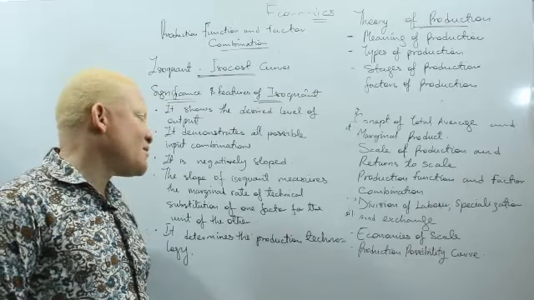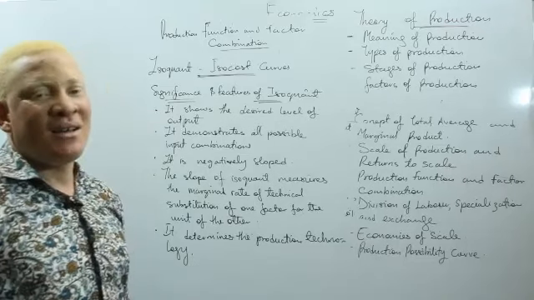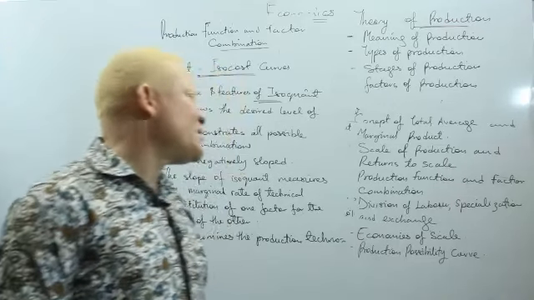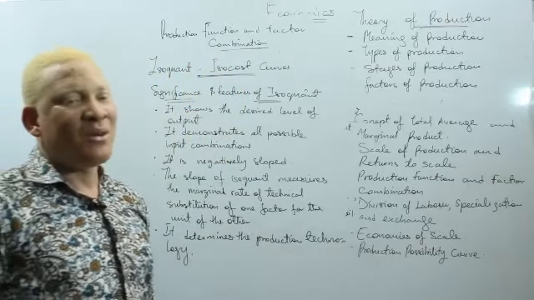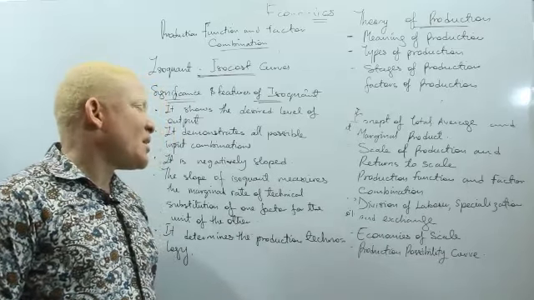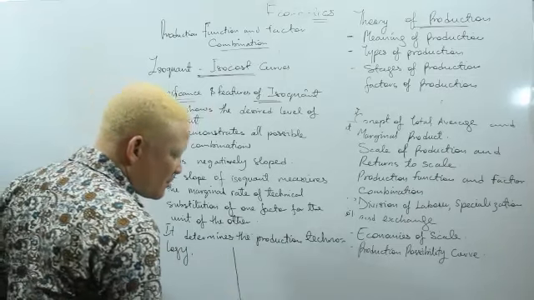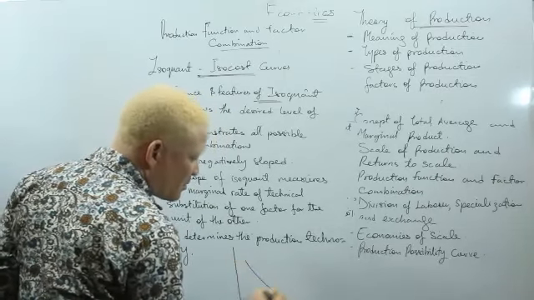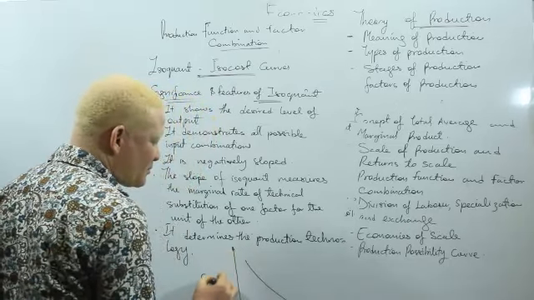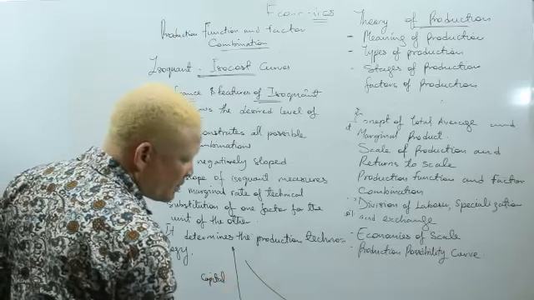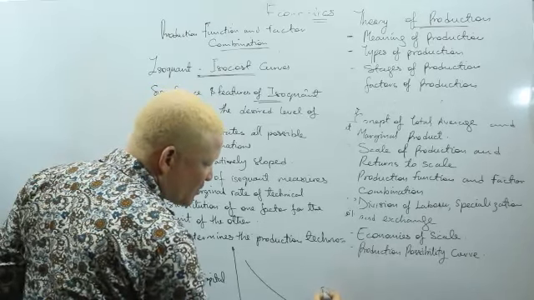Capital intensive means that more capital or more machines are being used than labor. And labor intensive means that more labor is used than capital. Now, structure-wise, the Isoquant curve looks like this. Here becomes capital, and here labor. So this is the Isoquant.